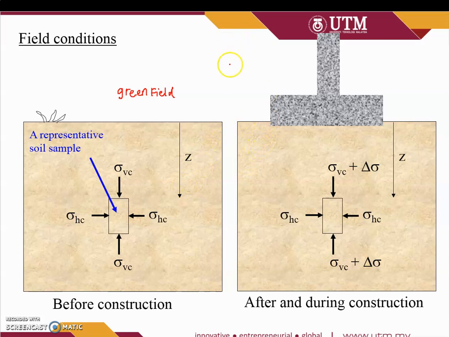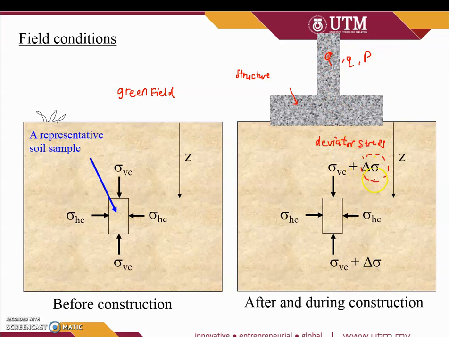But if we have a building, a structure, we have a foundation, maybe a footing. Here come the differences. The difference is we have the deviator stress, or delta stress, which comes from the external loading Q, or sometimes P.